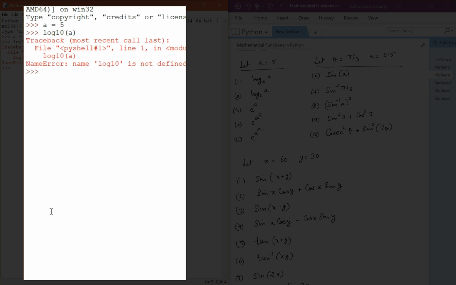Remember, some of the functions are directly available, and for some of them you have to import math. So import math, and because I don't want to use math dot every time, I can say from math import everything, that is star. Now let me give the exact same log10 of a.